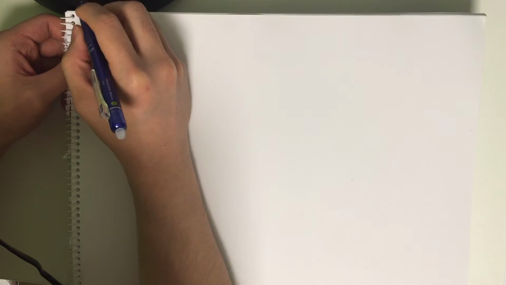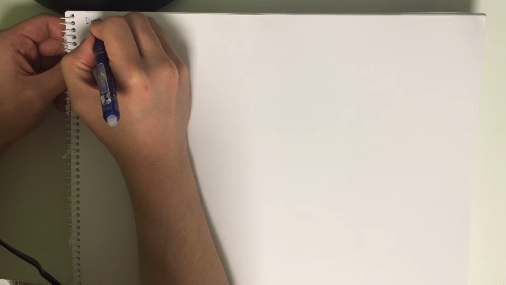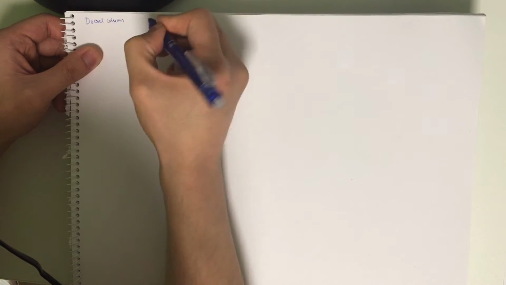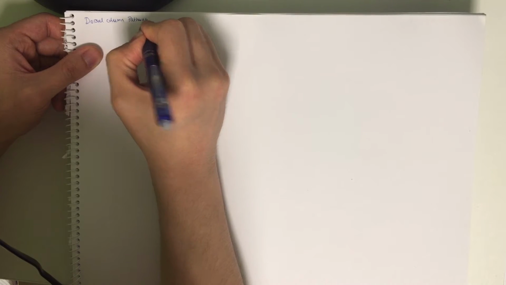So I want to begin by telling you the different types of sensory pathways that we have, and not only the different types of pathways, but the different types of sensations. The first one I'd like to talk about is the dorsal column pathway. You can also call it the dorsal column medial lemniscus pathway, but for short I'm just going to call it the dorsal column pathway.